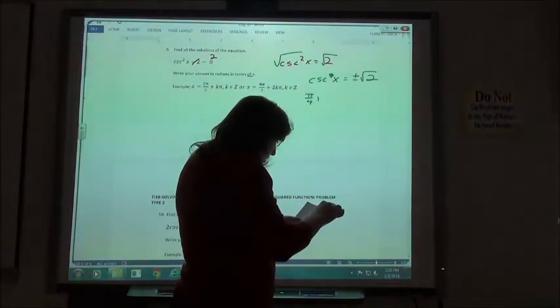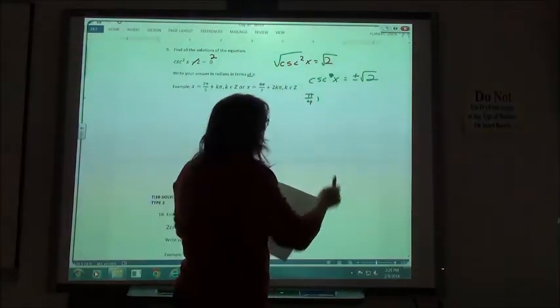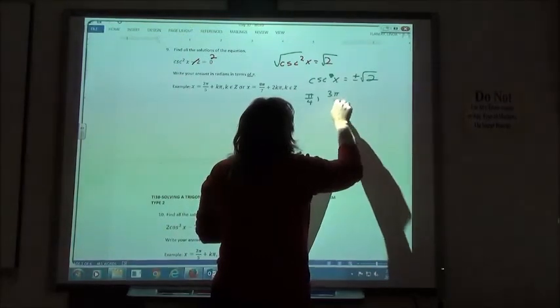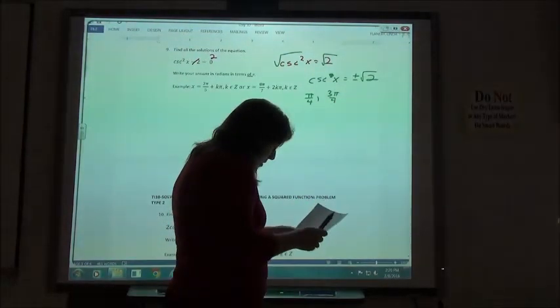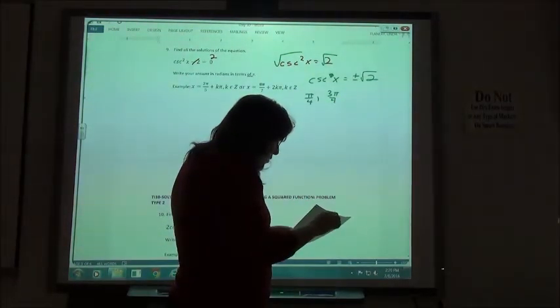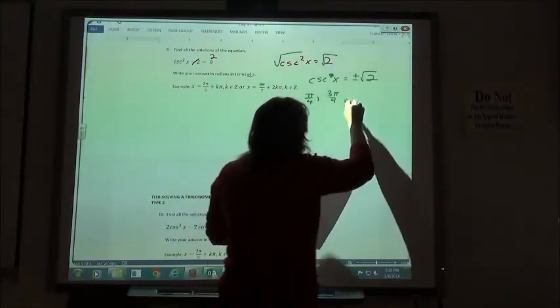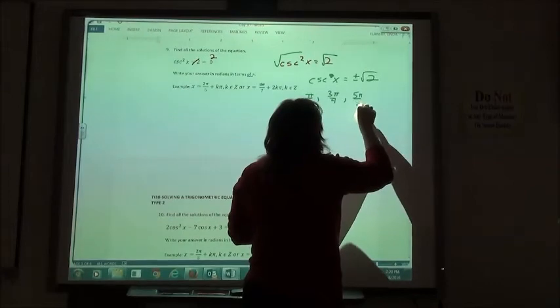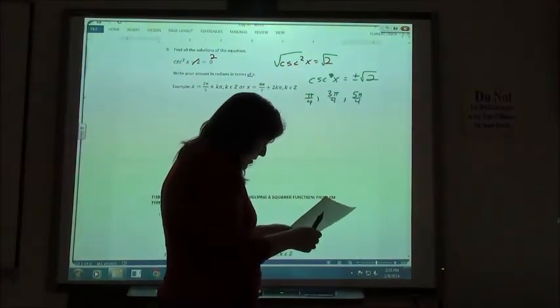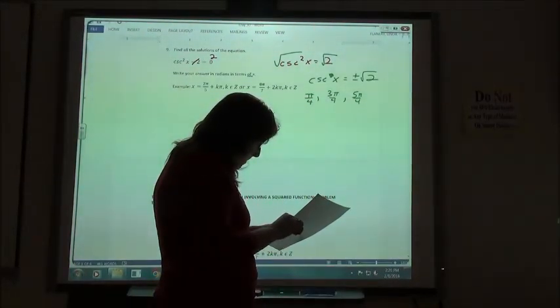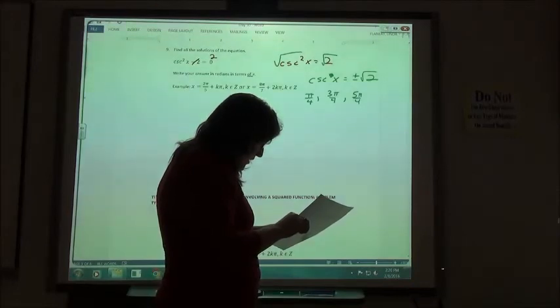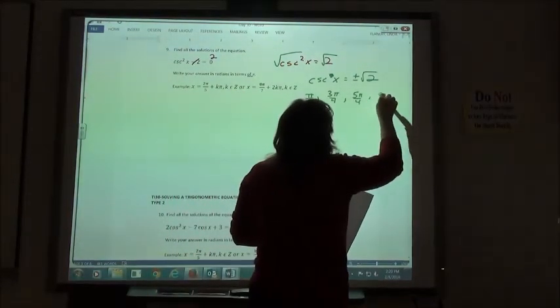Keep going down my list for my positive square root of 2, I'm at 3 pi over 4. If I look at my list under my cosecant for my negative square root of 2, I'm at 5 pi over 4. And if I go down my list again under my cosecant, I'm at 7 pi over 4.